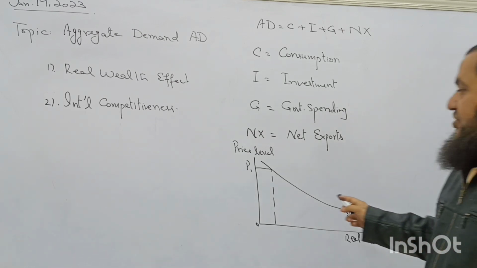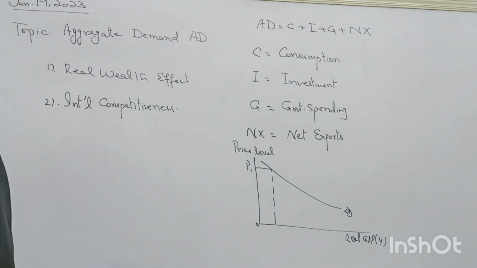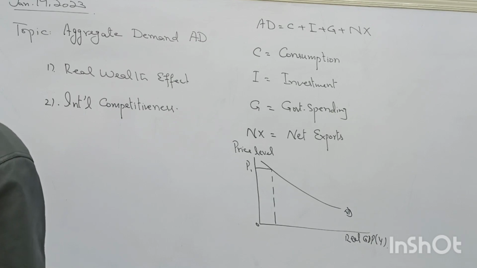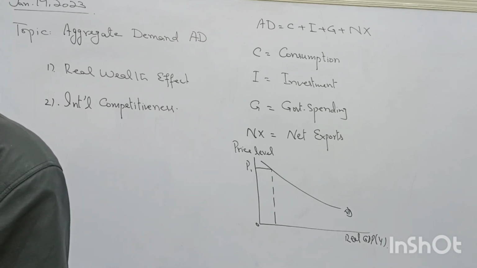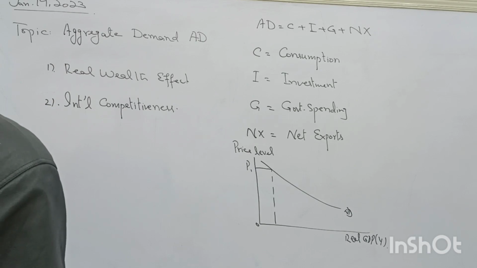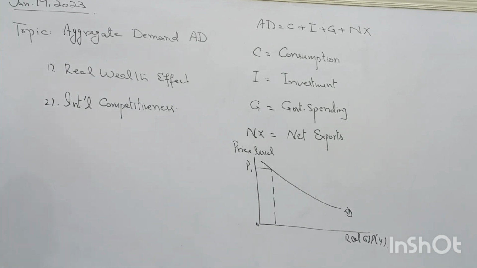So our export demand will decrease, as foreigners will find our goods expensive. That's why aggregate demand for our goods will be lower when our general price level is higher than other countries'. The other countries' products demand will shift rightward as they are substitutes or competitors to us. So our goods will be demanded less.